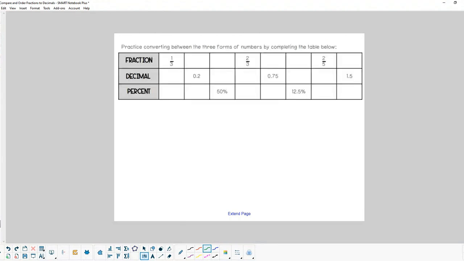For example, here's a little chart where we're going to practice converting between the three forms of numbers by completing the table below. So I've already calculated each of these numbers, and here they are. So 1/3 turns into 0.3 repeating as a decimal, or 33 1/3%. 1/5 converts to 0.2 as a decimal, or 20%. 1/2 is 0.5 as a decimal, or 50%.